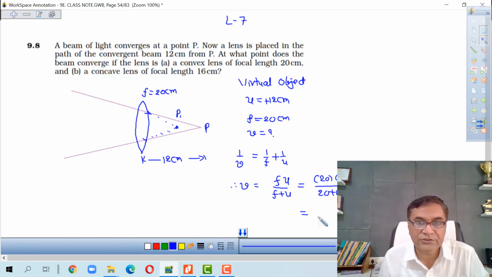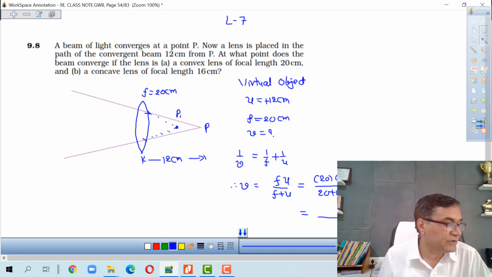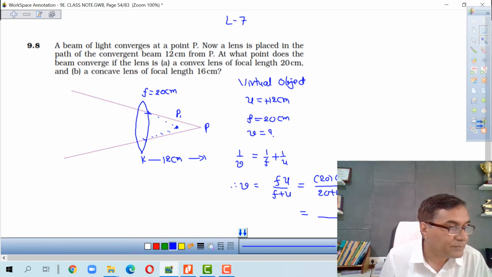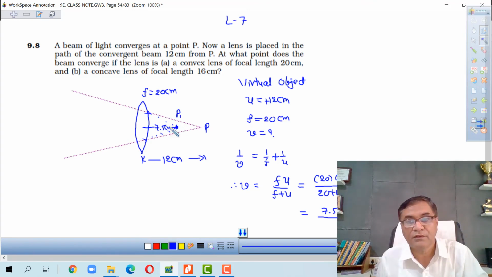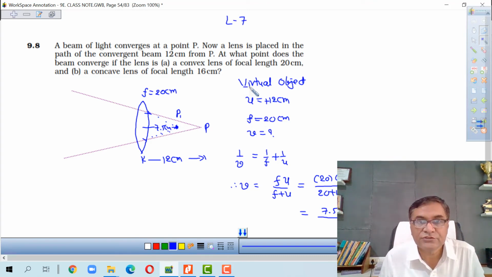So you do the calculation, you will get V, and that comes out to be 7.5 centimeter. So instead of 12 centimeter, the beam converges at 7.5 centimeter. This is for convex.